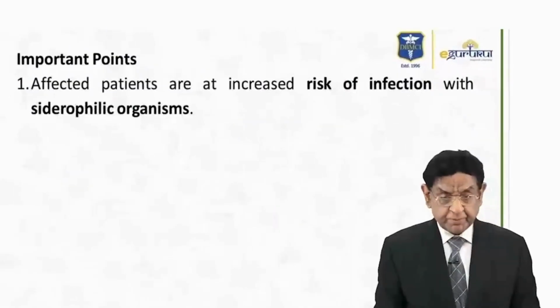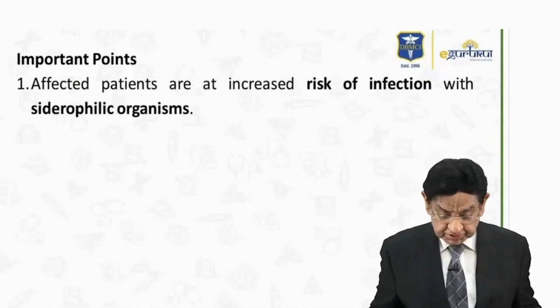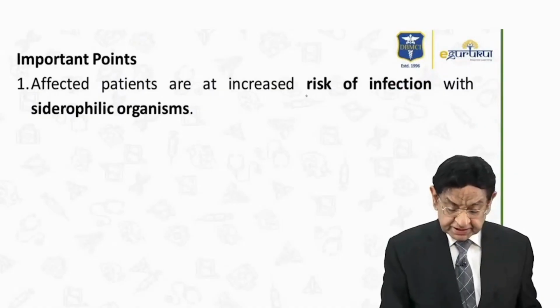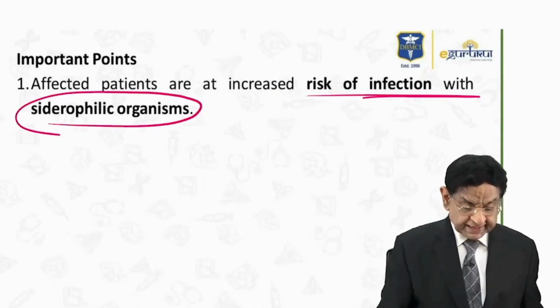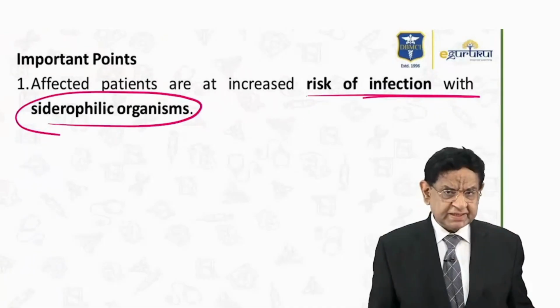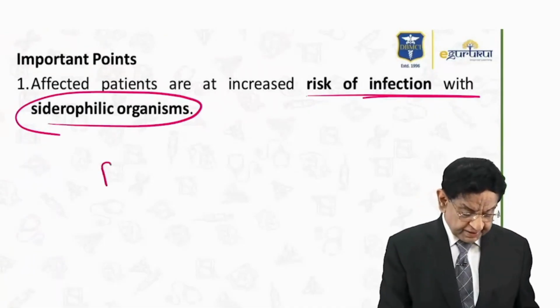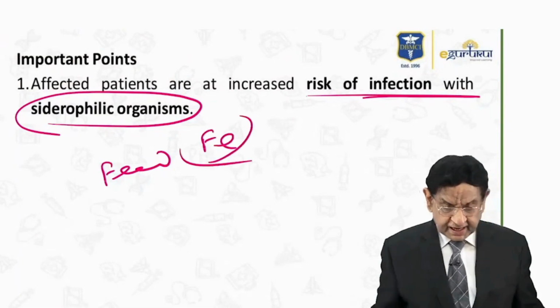Well, an extra important point: those patients who have hemochromatosis have an increased risk of certain siderophilic organisms. This is a very important question for microbiology. There are certain bacteria which feed on iron. They need iron as their diet.